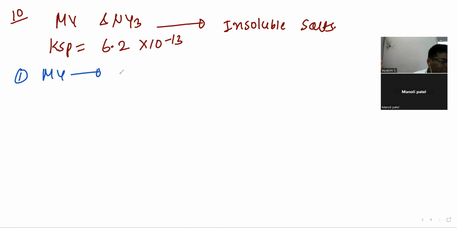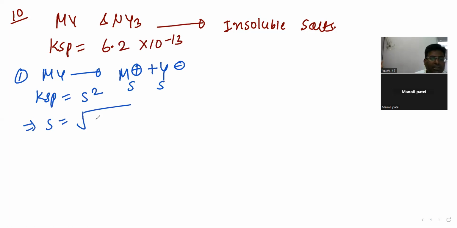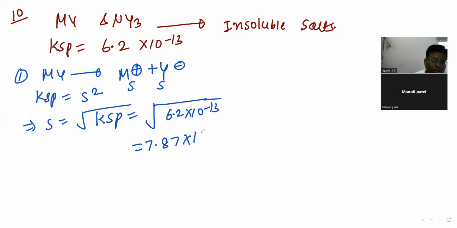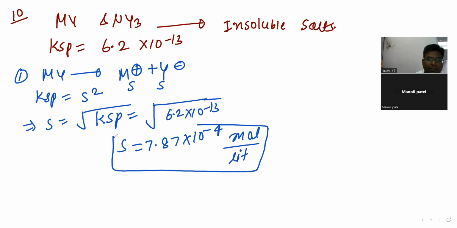When MY dissociates, it forms M+ and Y-. So the solubility product will be S into S, that is S squared. So S will be the square root of Ksp, the square root of 6.2 × 10⁻¹³. It comes out to be 7.87 × 10⁻⁷ mole per liter. This is the unit for solubility, and this is value 1.